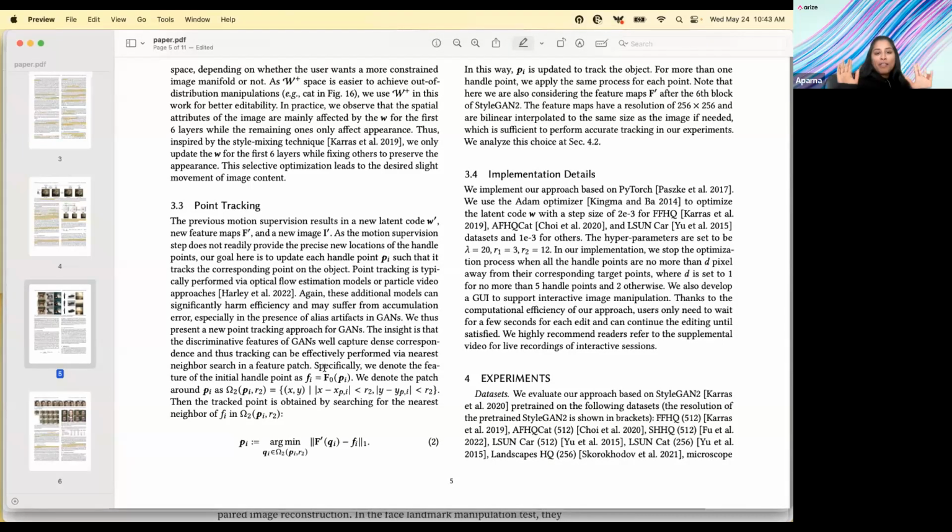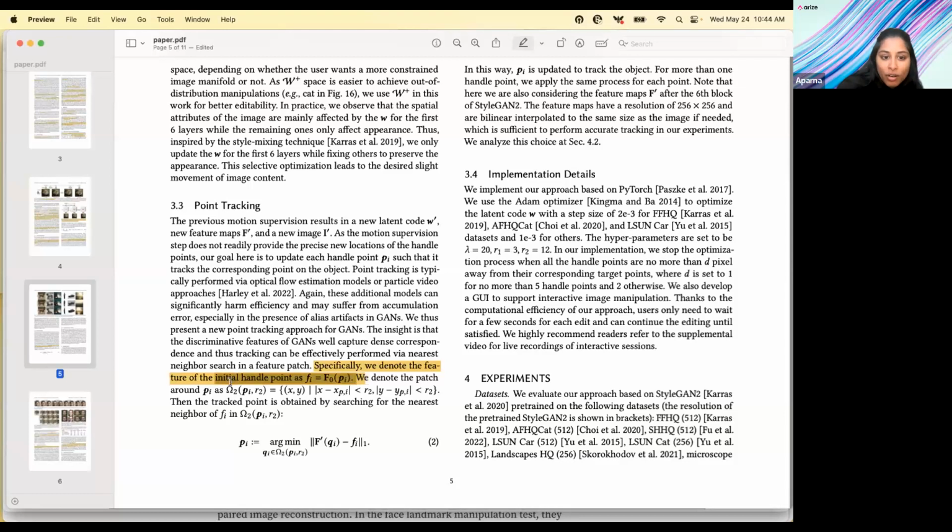Zoom out first before we jump into the math. My takeaway from this section was about the new point in W prime, the new point from the feature map after the loss was done, where they got to the new P. Specifically, we denote the feature of the initial handle point as Fi, which equals F of the initial handle point.